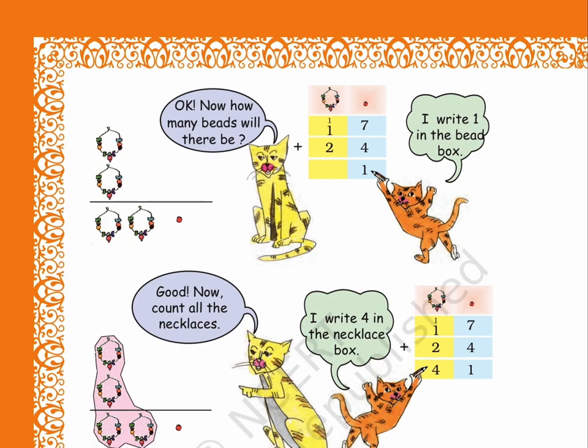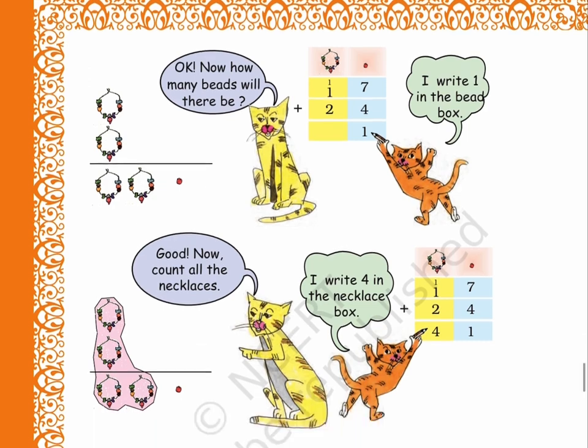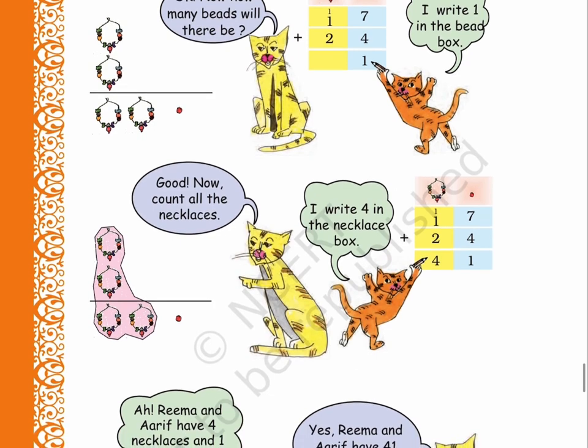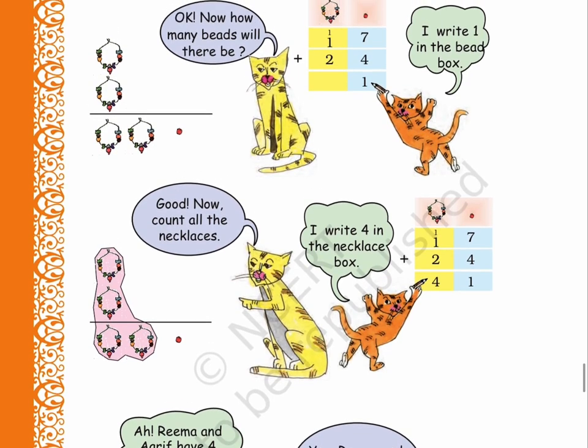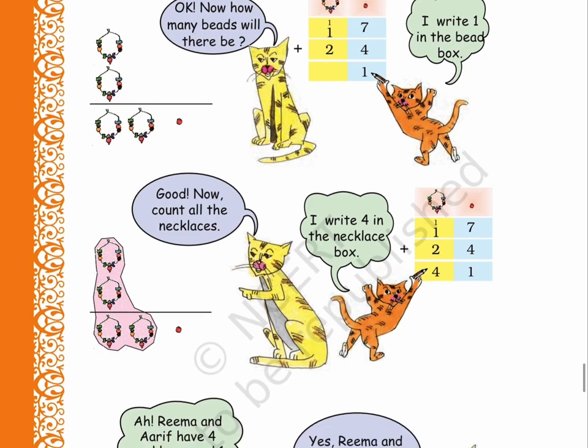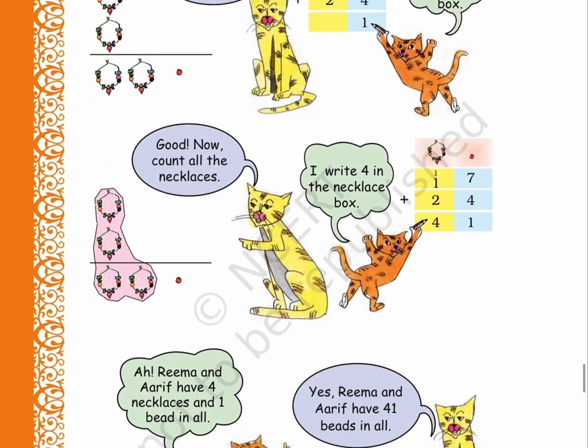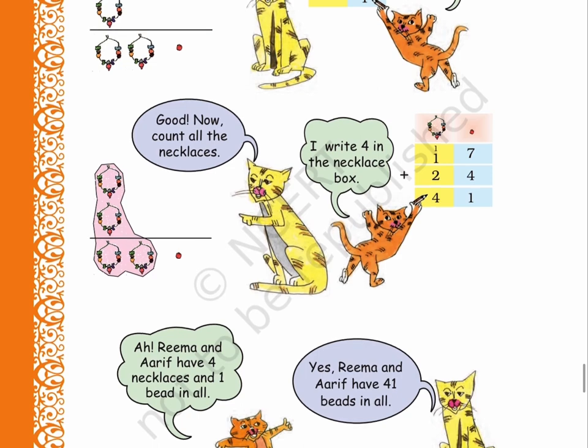In picture 2, Cat 2 and Cat 1 are sitting in between the picture of beads and table. The beads necklaces are all grouped together in pink color and a single bead outside pink color. Cat 2 is saying, good, now count all the necklaces.